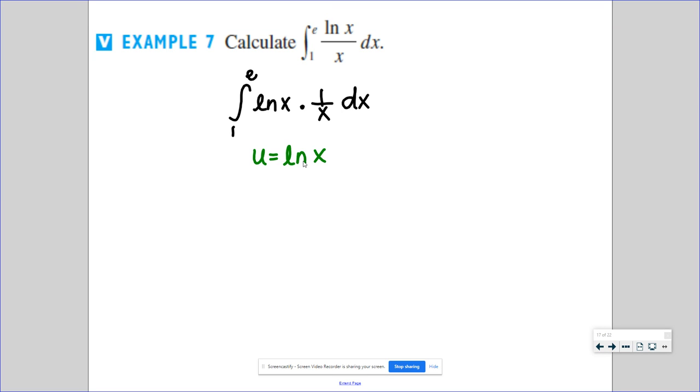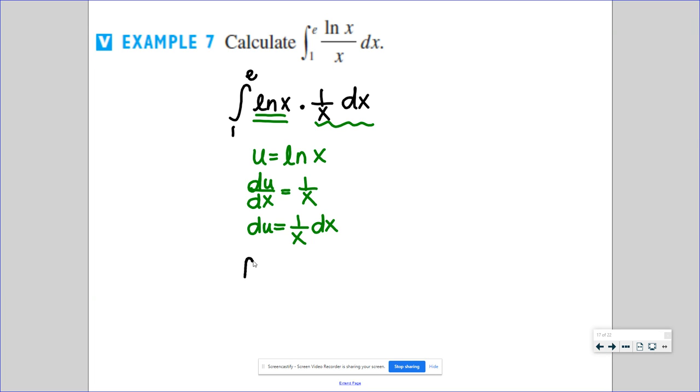I'm going to make u into ln x. I'm going to take the derivative, which is 1 over x, and I'm going to multiply by dx. Sets you up perfectly. All of this over here is du, and then this becomes u.